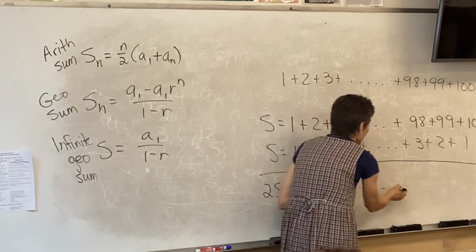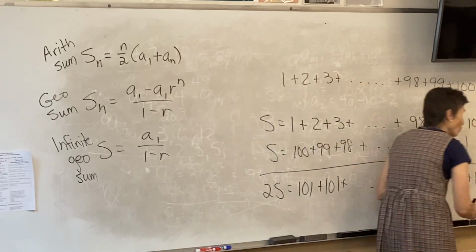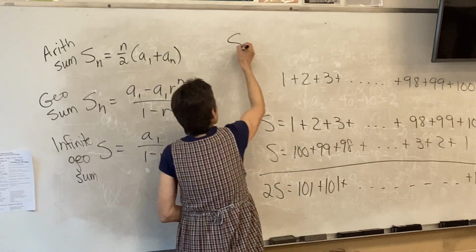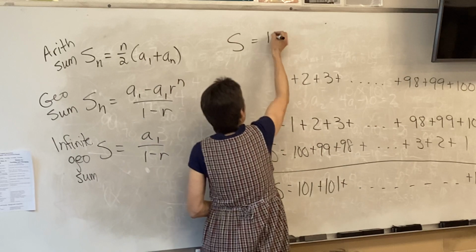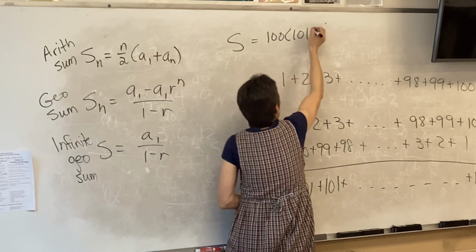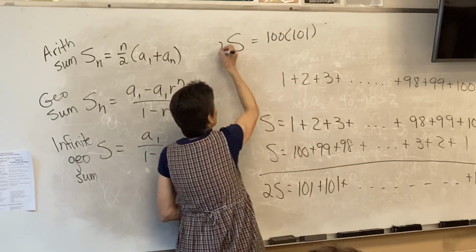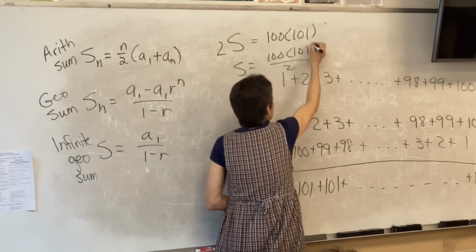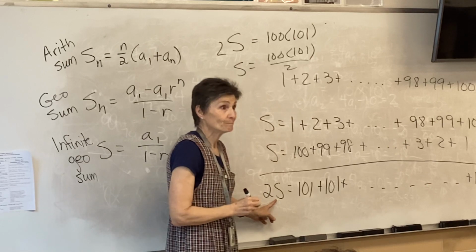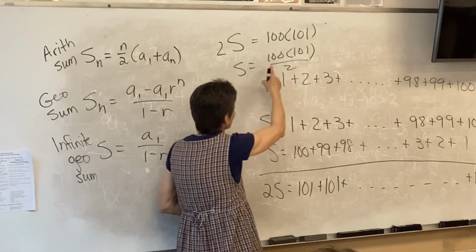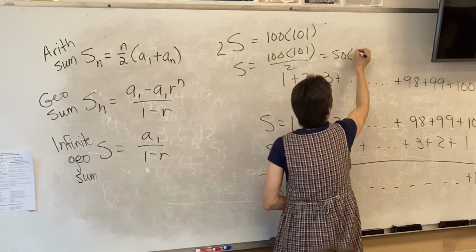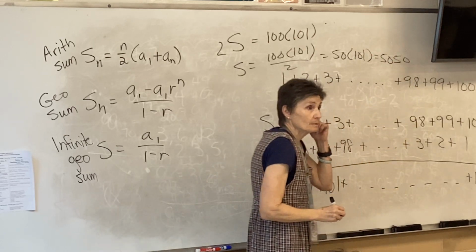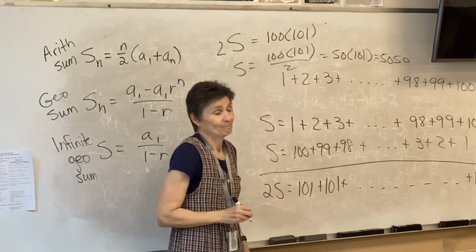They're all going to be 101s. And how many 101s are you going to have? 100. So he says the sum is 100 101s divided by 2. Because that was 2 of the sums, right? So he took 50 times 101 and got 5050. Now, was that kid smart or what?